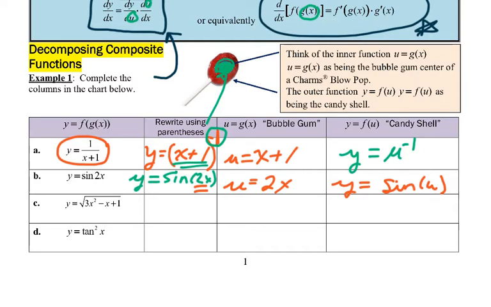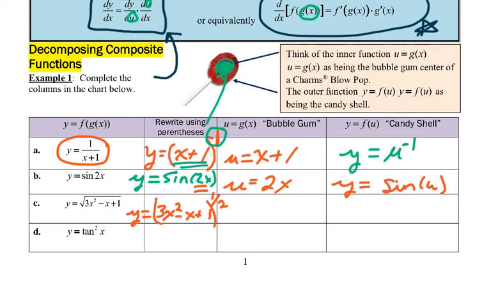Next, this is a quadratic inside of the square root function. So if I wrote it as a function inside of a function, it would look like that. Again, u is the gum.